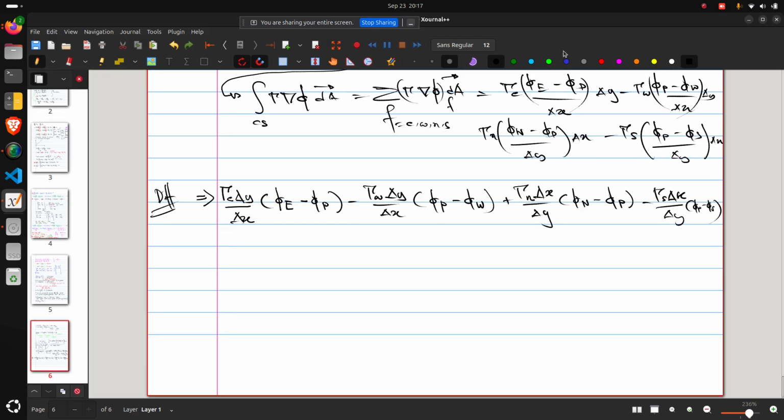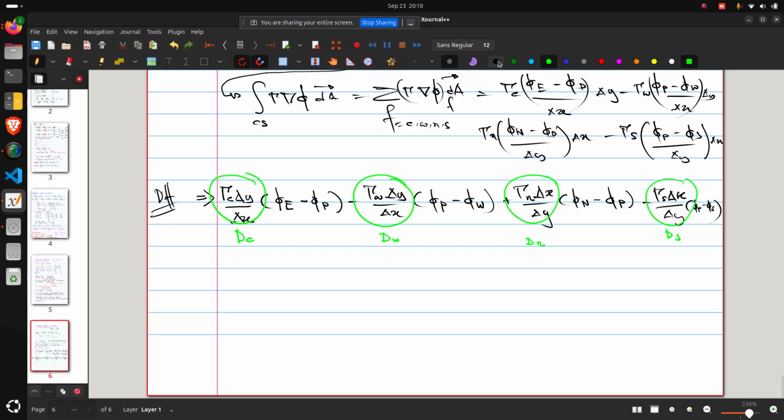Okay, so now we will use a different terminology. We will just refer to this term as d_e, which is nothing but the diffusion term at the east face, d_w, d_n, d_s, right?